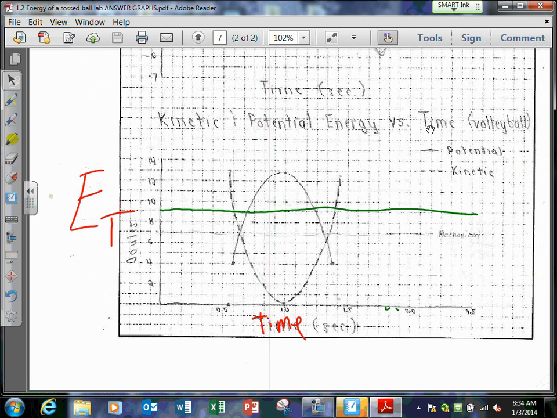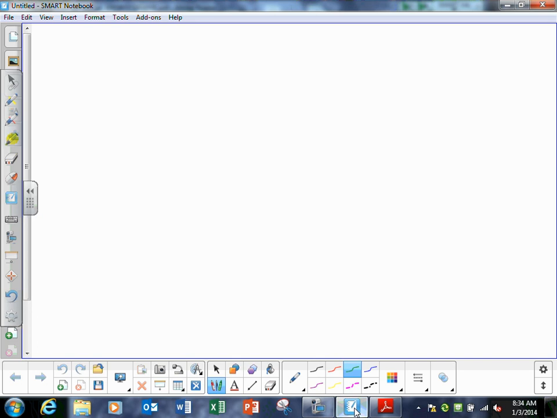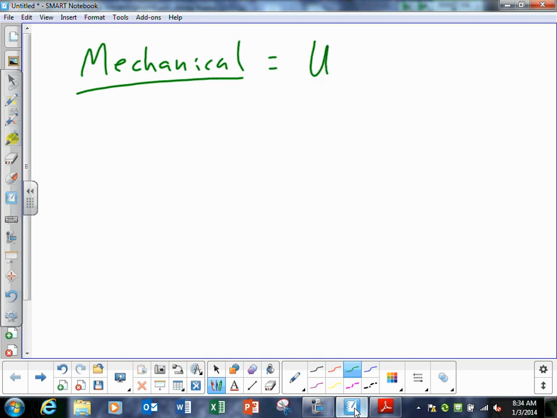Total energy, because total energy, when we're talking mechanical energy, is potential and kinetic.